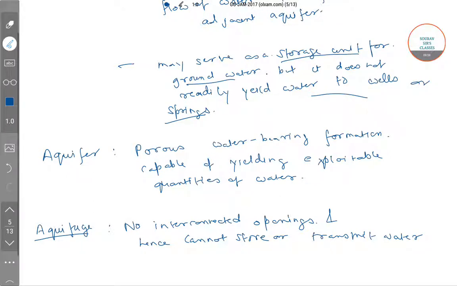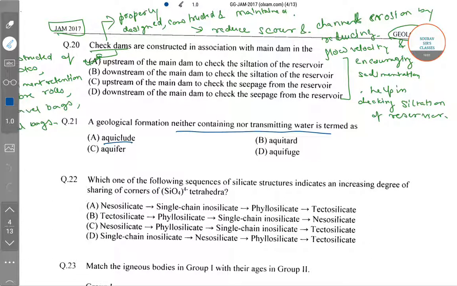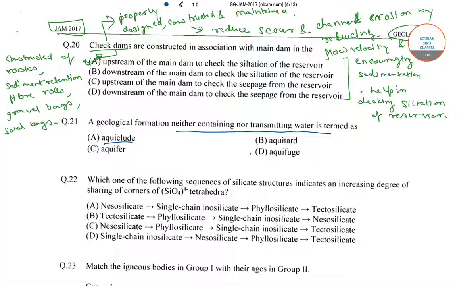So, the correct answer of our question number 21 is option number D. That is, aquifuge is the geological formation that neither contains nor transmits water.